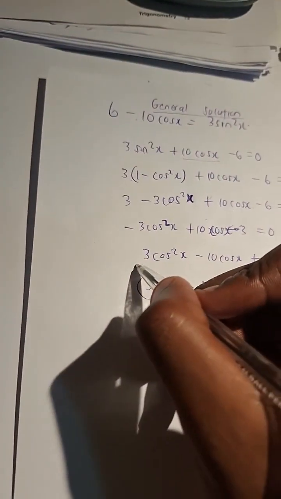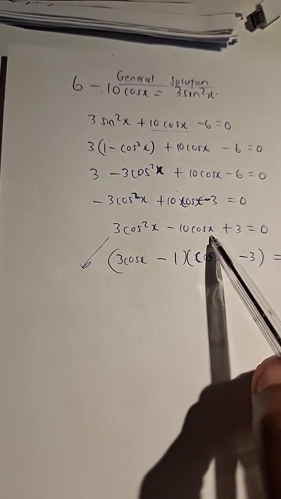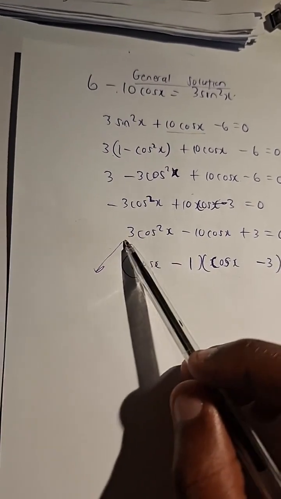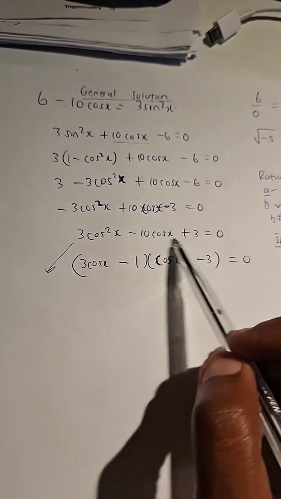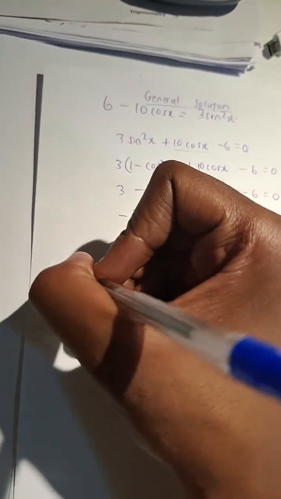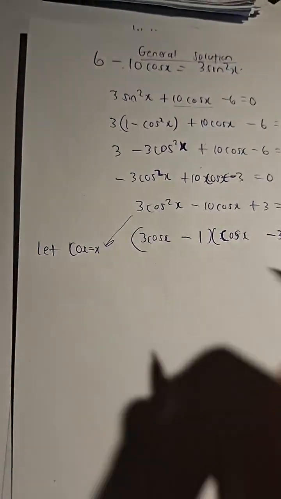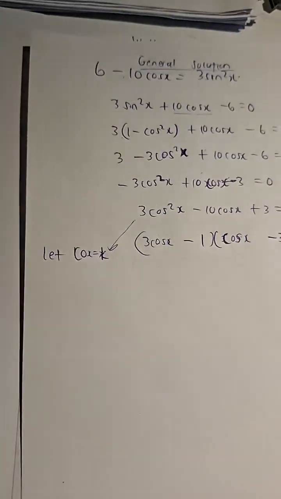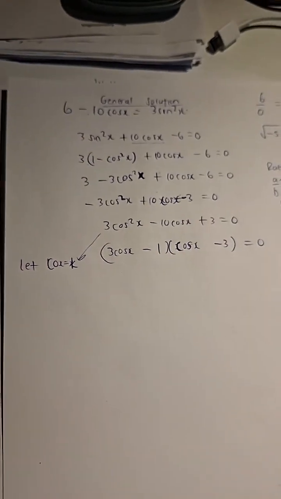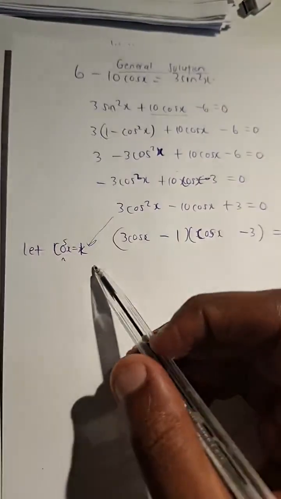So for people that struggle with this, if solving a quadratic trinomial where the coefficient of the x squared term is not 1 is difficult for you, you can definitely use the quadratic formula. What would you have to do? You would let cos x be x, or let cos x be some other variable. Then you can use the quadratic formula.